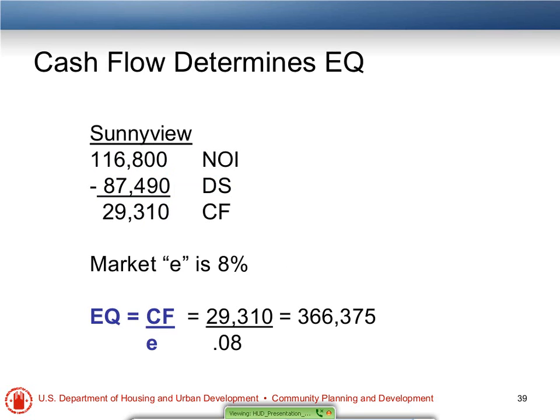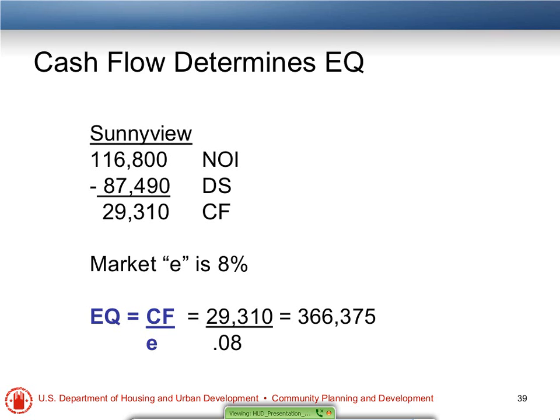In Sunnyvale, we had a NOI of $116,800. We calculated debt service on our smaller loan of $87,490, and that left us with cash flow of $29,310. If the market cash-on-cash rate of return is 8%, we could calculate how much equity we could attract to this project. In this case, about $366,000 would be attracted based on an 8% cash-on-cash rate of return. If you recall, this was a $20 million project.